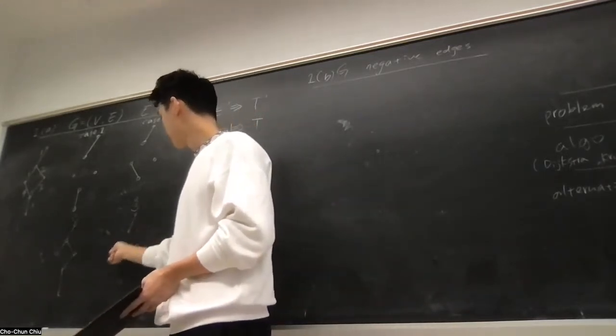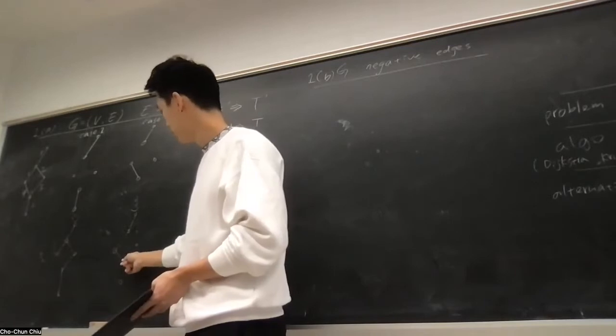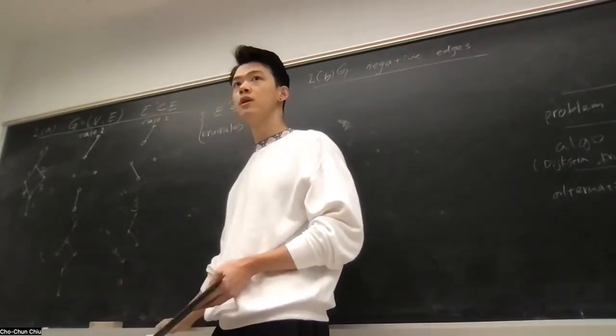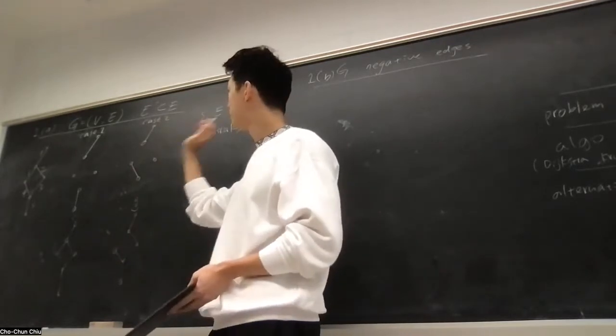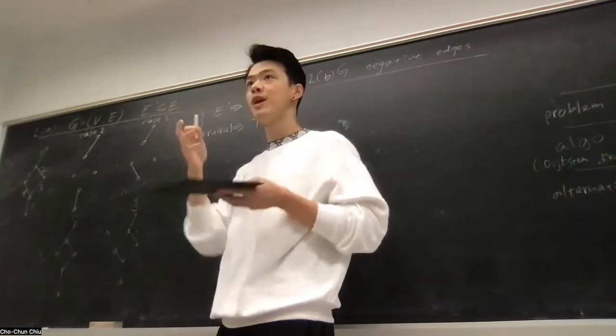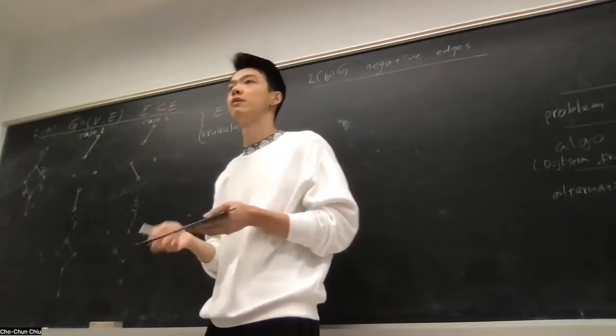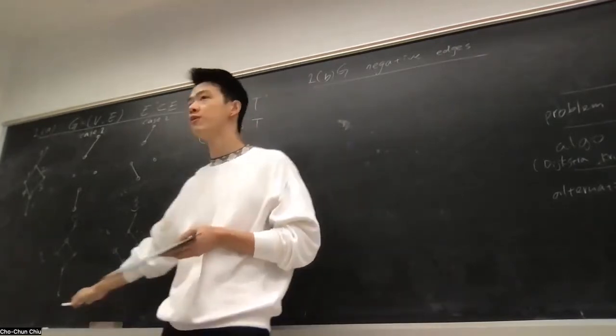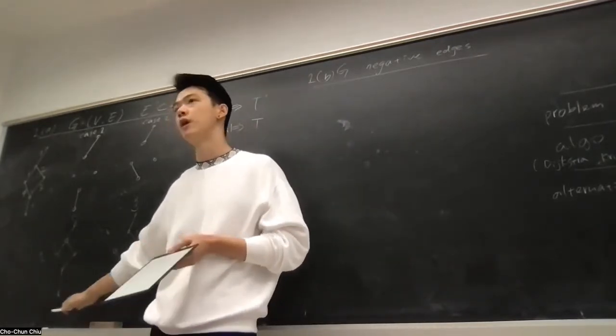And then we can do something like this. So if we start from a different subset of edges, even though this subset doesn't contain any cycle, we'll probably get a different result, right?